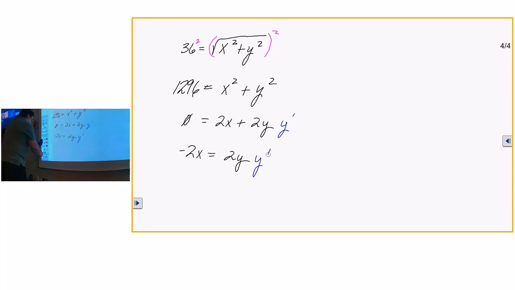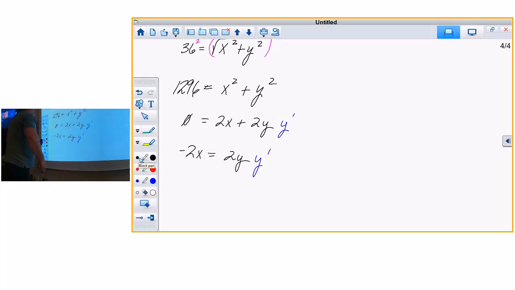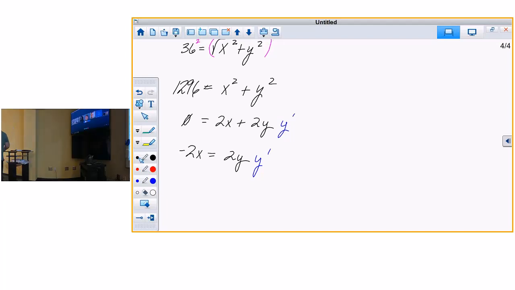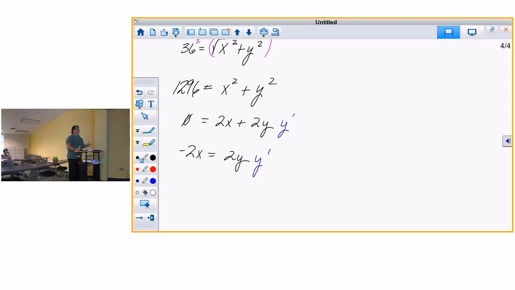And of course, if you're saying, why did he show you this? This was easy. He should have shown us this first. No, because you've got to learn how to take the implicit differentiation before you learn how to manipulate. And the whole part of calculus is manipulation. That's the one thing about calculus that people don't understand. When you take four classes of calculus, what is it that you have learned?